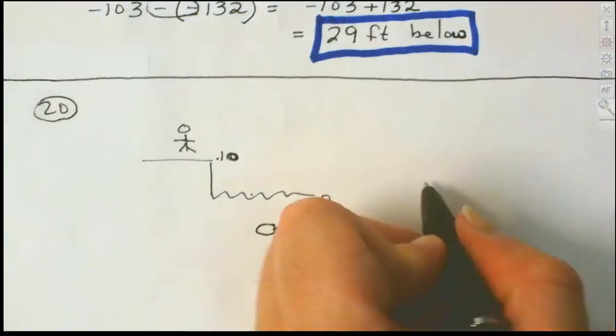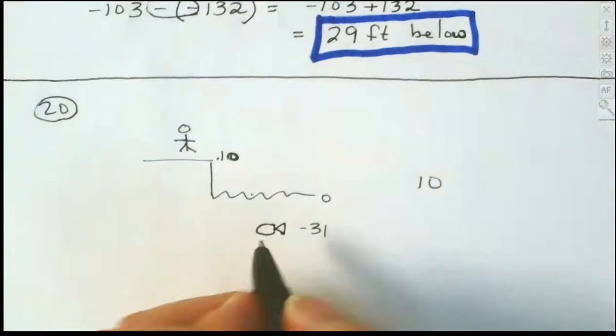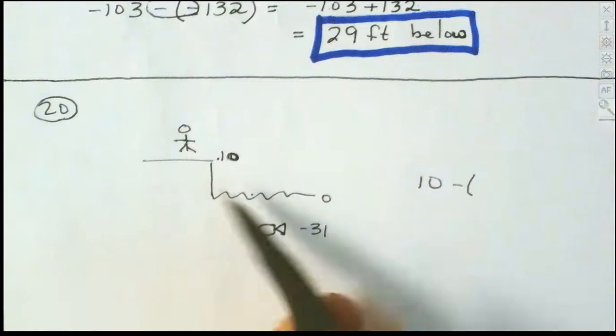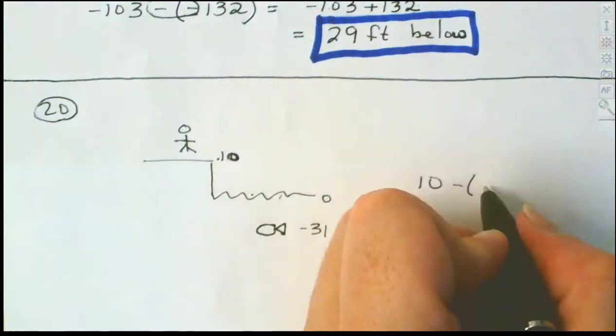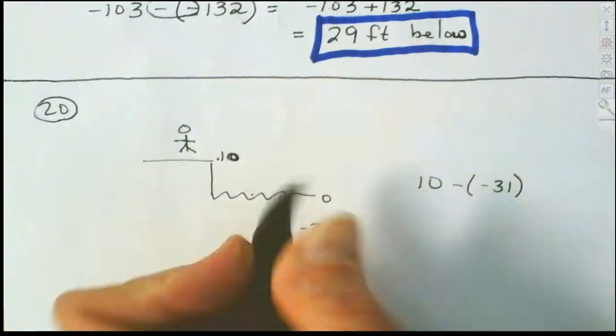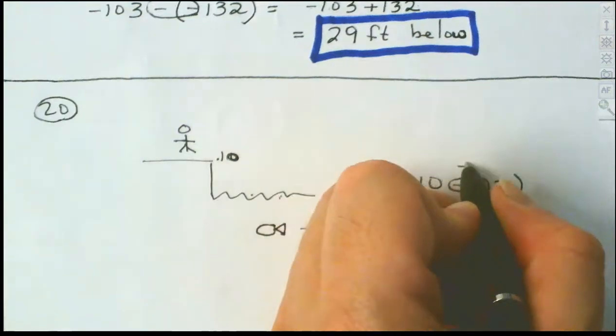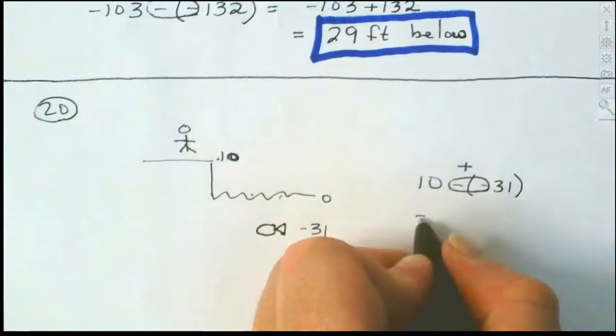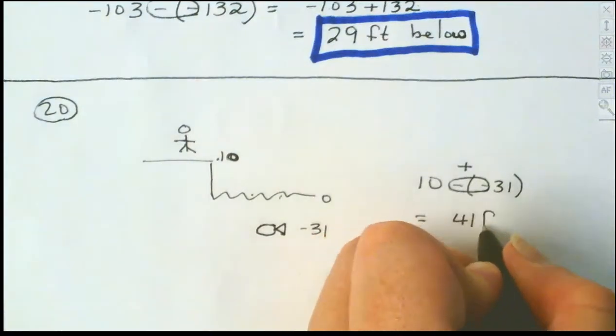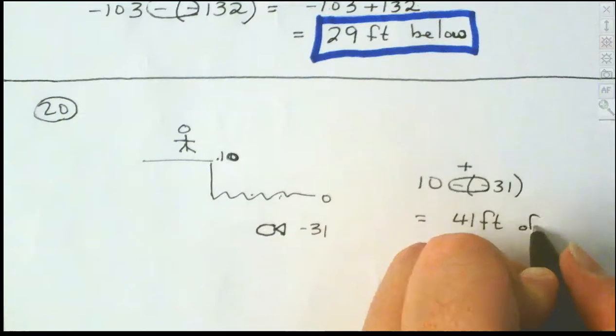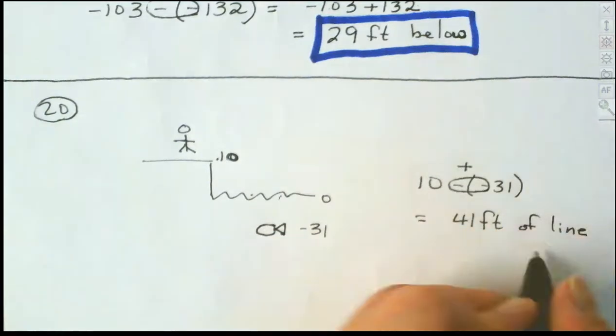So I've got 10 feet down to the water. I've got to find the difference between the water and the fish below it. And the double negative is going to make that then a what? Positive. Adding those together, I then get my 41 feet of line.